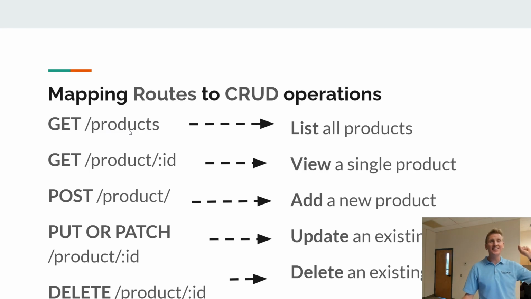It's static because it's the same thing every time. The second one, /product/:ID, is a dynamic route because you can send different IDs via the URL. So static routes, dynamic routes. Dynamic routes have route variables, is what that boils down to. And DELETE would be /product/:ID.